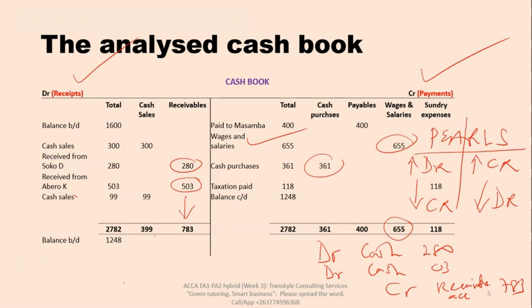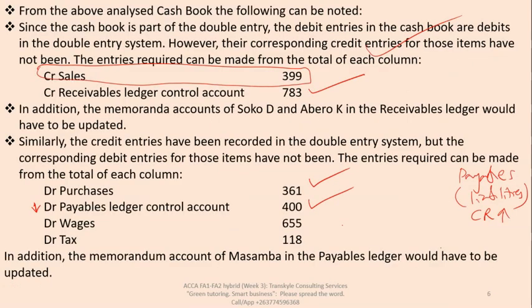But we know that wages are expenses. Expenses are increased by debiting. This is why here we need to debit the wages. Tax is also an expense. That is why it is being debited here whenever we make a payment for those things.